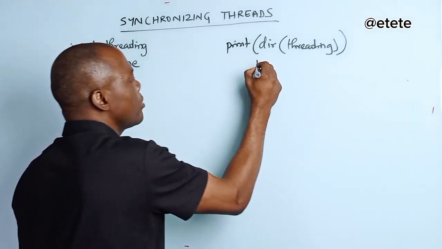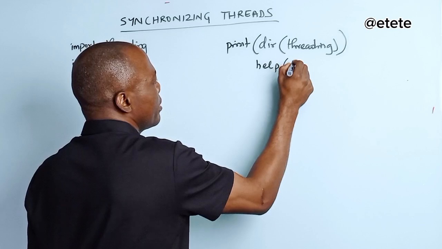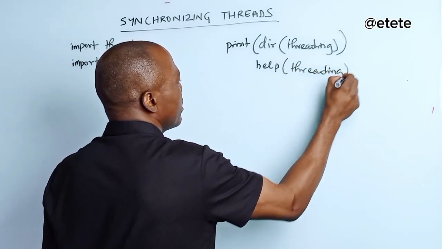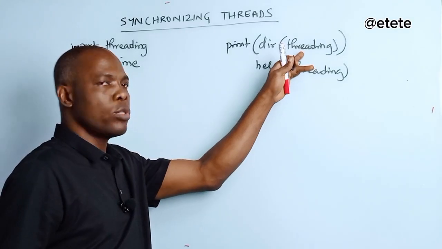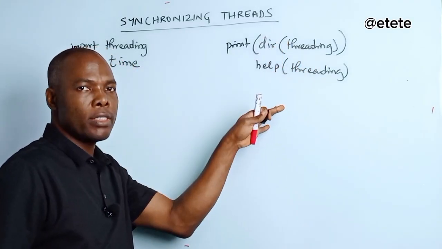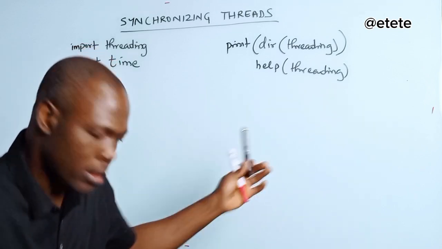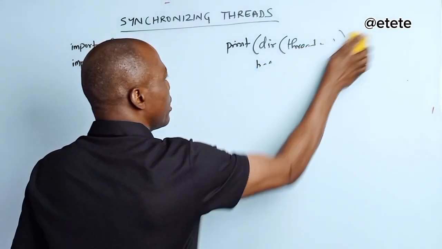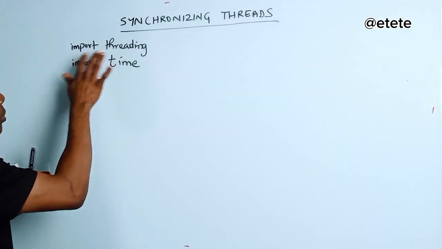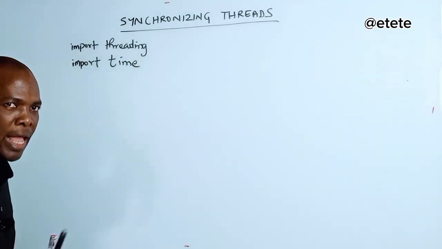And then you can use help to find out the explanation of those component parts. So you can do this on your IDE to be able to know those component parts and how you can use them. All right, so we are importing threading and then we import time.